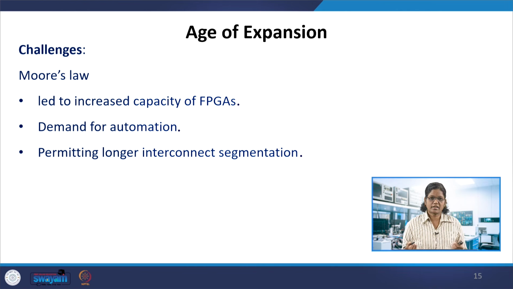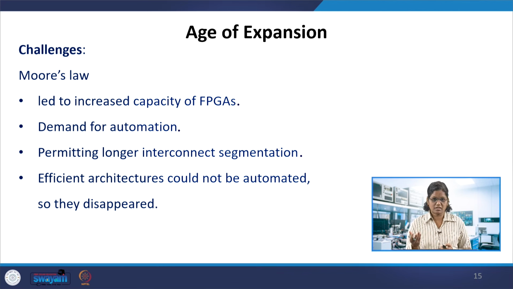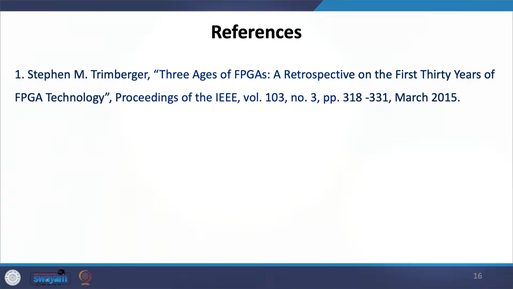Also, longer interconnect segmentations were possible. Some area-efficient architectures from the invention age could not be automated in this expansion age, so they disappeared. The SRAM devices exploited new process technology, which dominated the expansion era. So thank you.